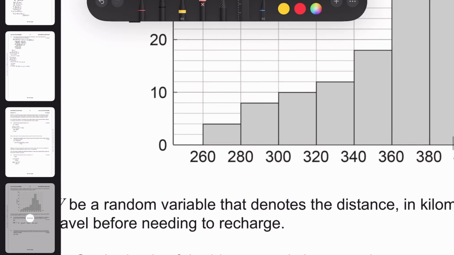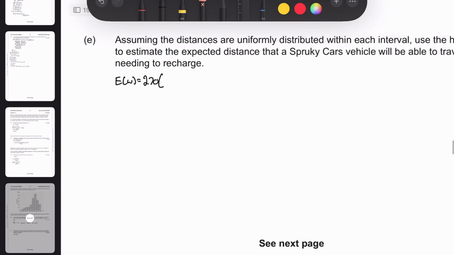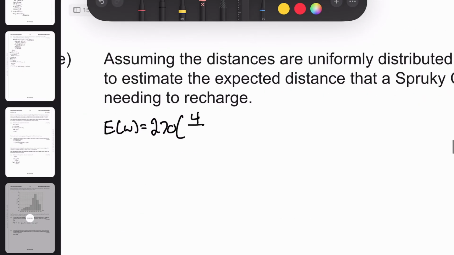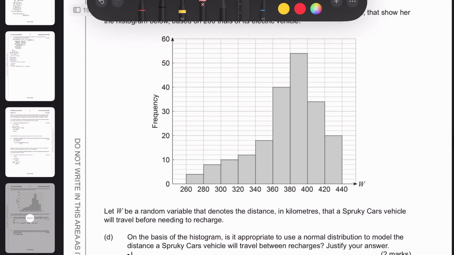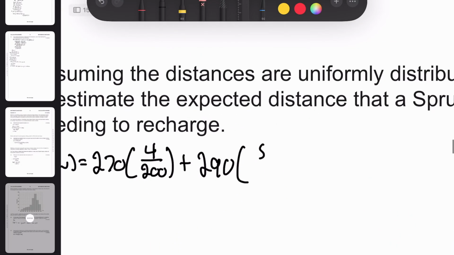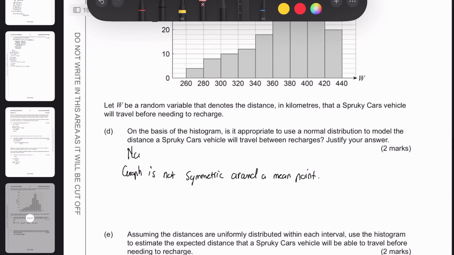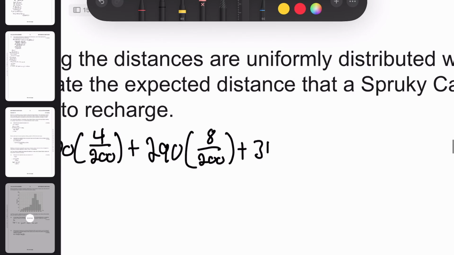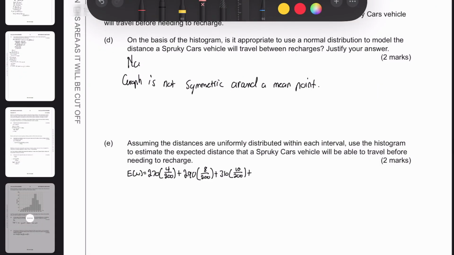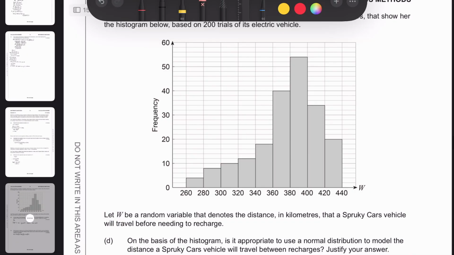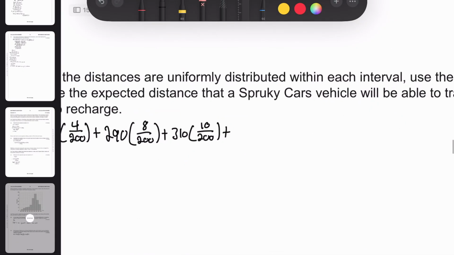So then this is going to be times 4 on 200, plus 290 on, I think it was going to be 8 on 200, plus 310 on 10 on 200, plus, oh my god, 330 on 12. Wow, this is very boring.